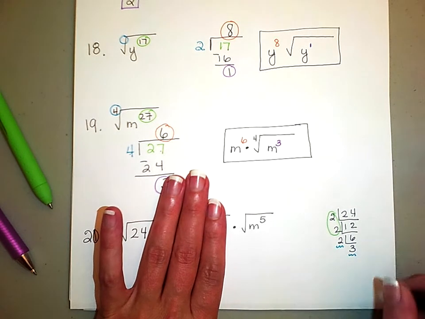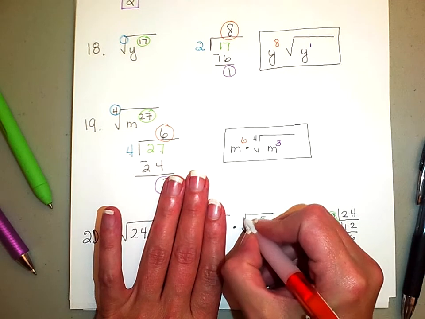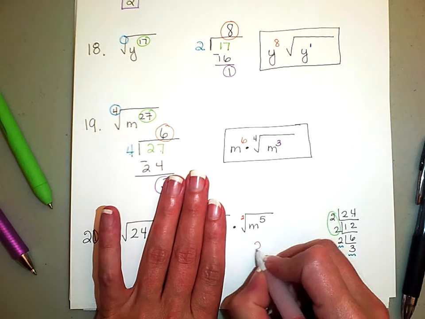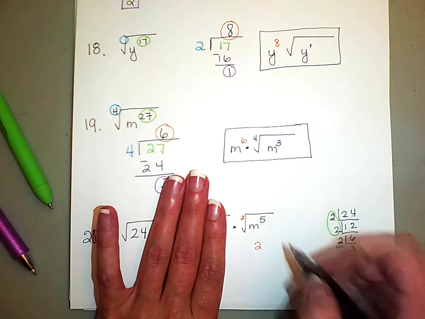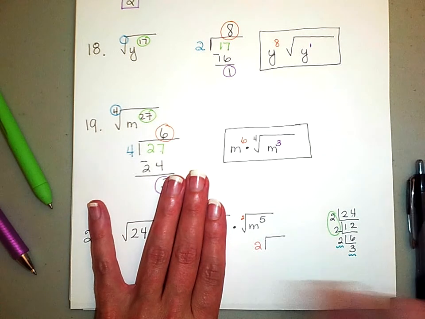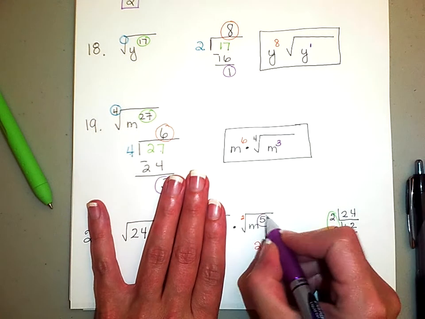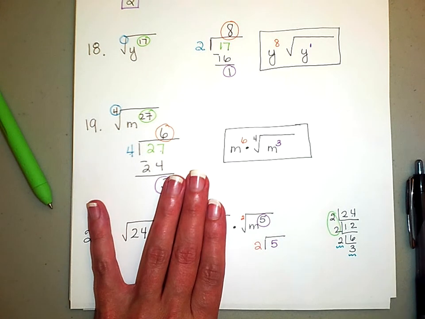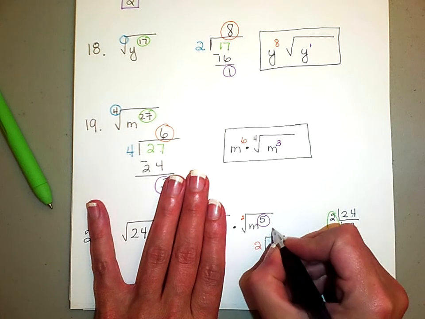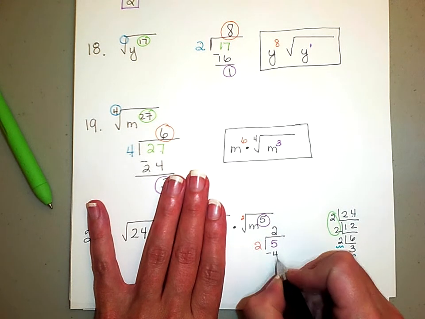Here, our root is 2. So we'll ask how many times does 2 go into 5? And 2 goes into 5 2 times with a remainder of 1.